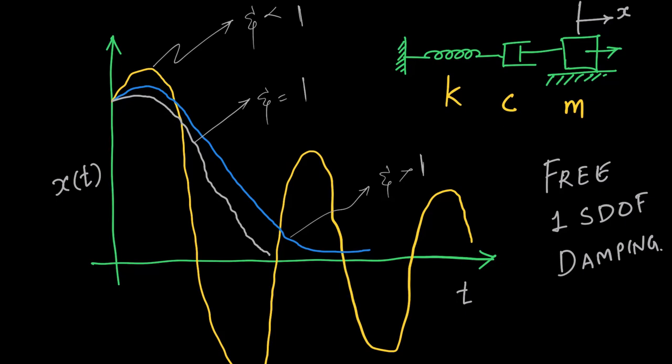Then I'm observing the response, which is nothing but the x of t function with respect to time. I'm interested in how that x of t evolves with respect to time for different values of c. So I'm just changing the amount of damping present in the system, nothing else.